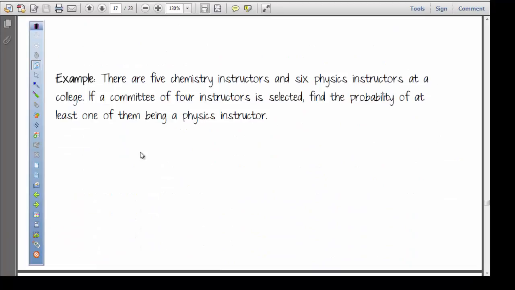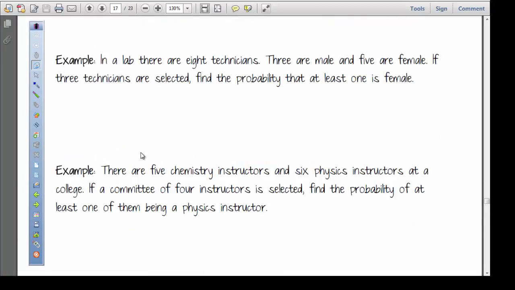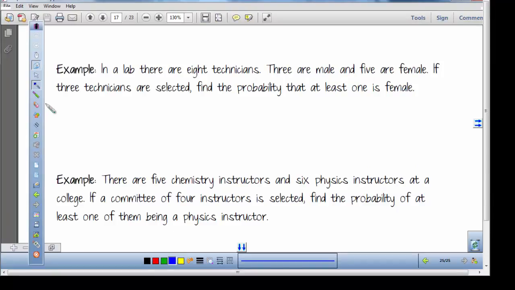All right, we've got two more examples we want to look at. In a lab, there are 8 technicians. 3 are male and 5 are female. If 3 technicians are selected, find the probability that at least one is female. Okay, so I see my keyword, probability of at least one of 3 is female.